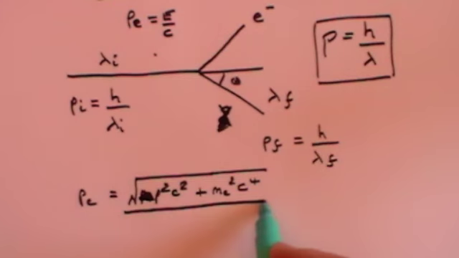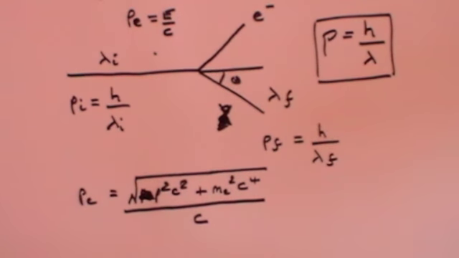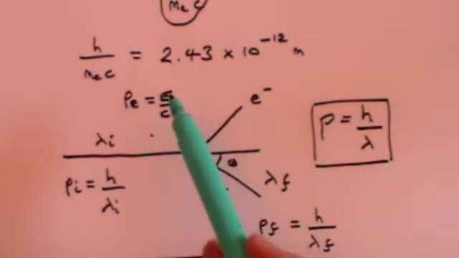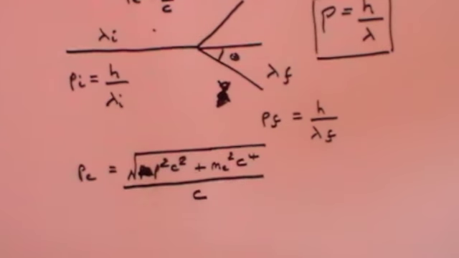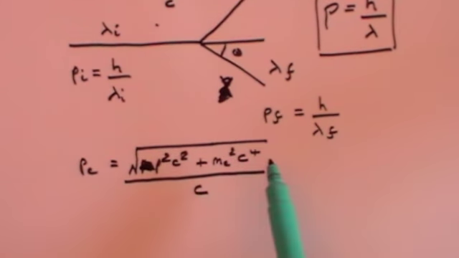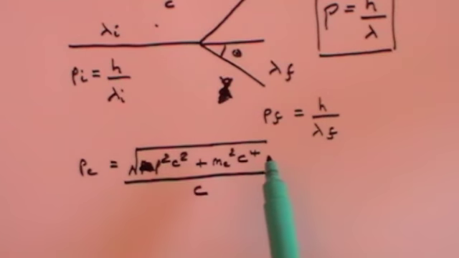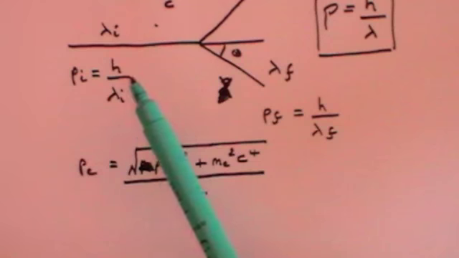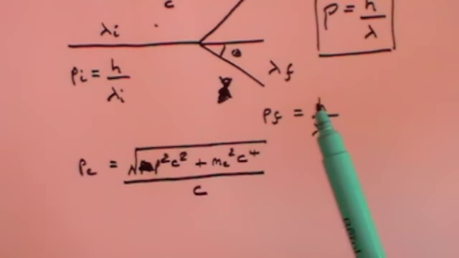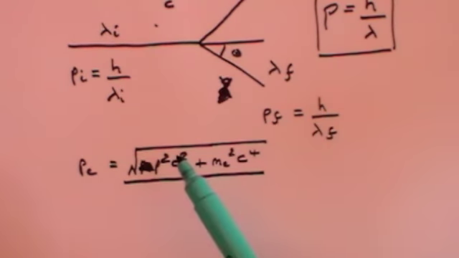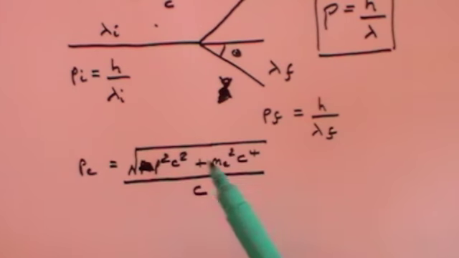All divided by c, that is the momentum of the electron. It's the energy divided by the speed of light. So we've identified the momentum of the incident photon, the emerging photon, and the emerging electron.